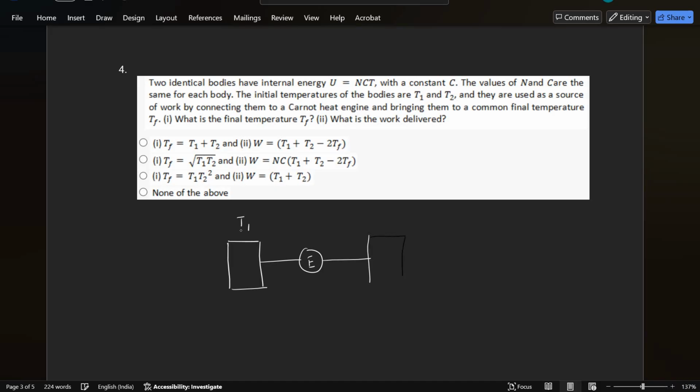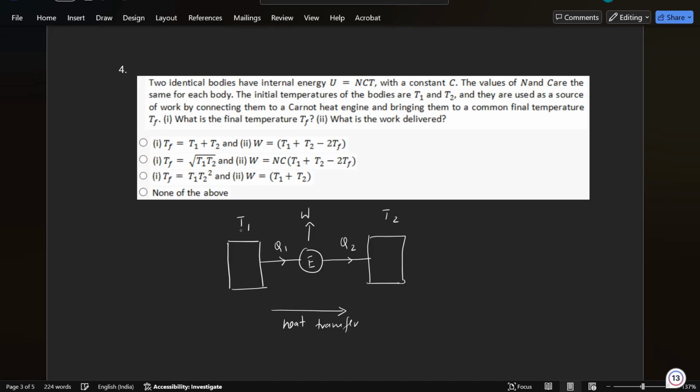Since they are connected, there's going to be heat transfer from T1 to T2. That's what they're telling, heat transfer. And that heat transfer will be used by this engine to do some work. So basically here it's going to be some Q1 and Q2.